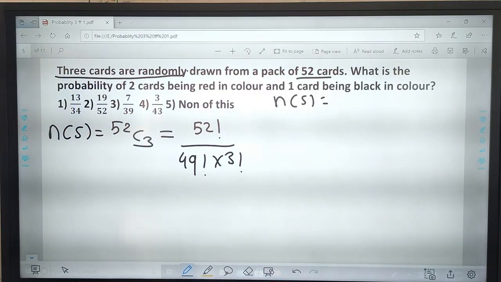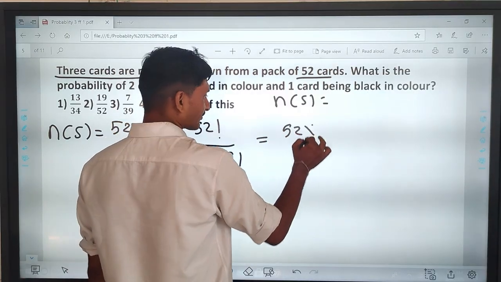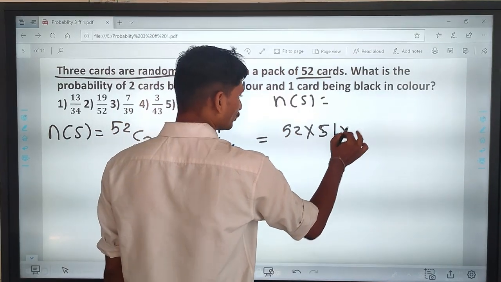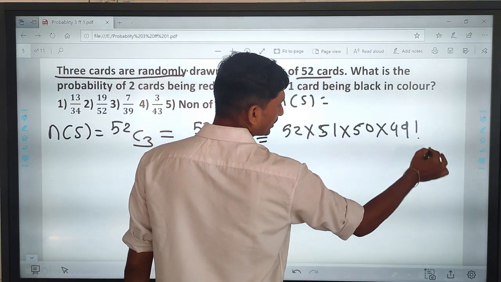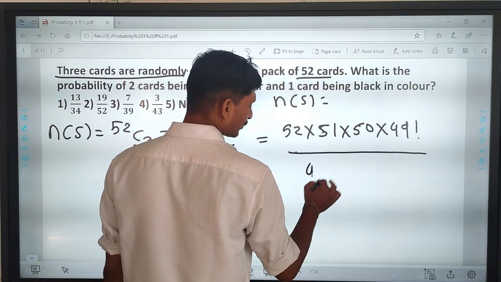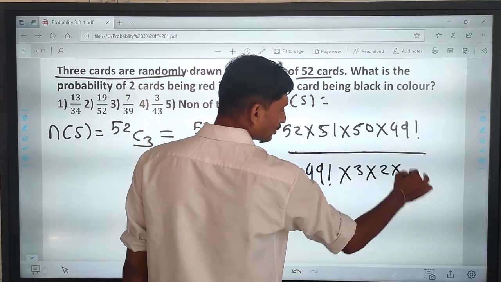Here we write 52 factorial as 52 into 51 into 50 into 49 factorial, divided by 49 factorial into 3 factorial, which means 3 into 2 into 1.